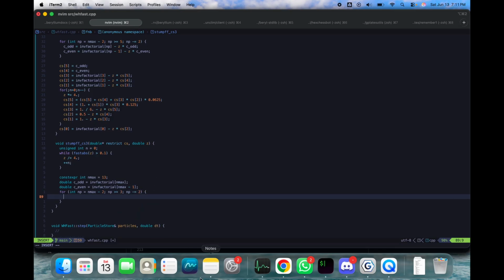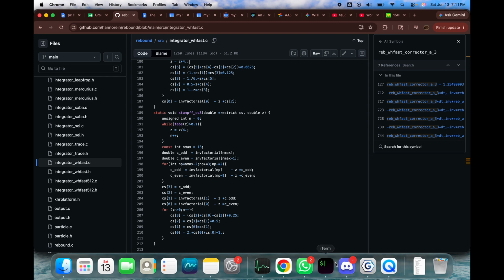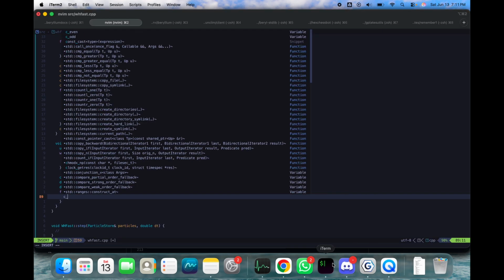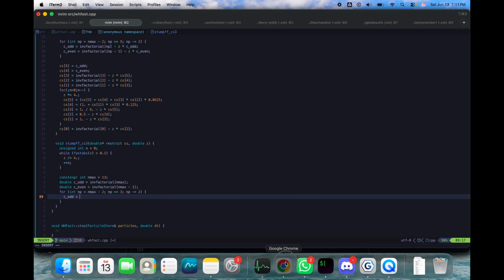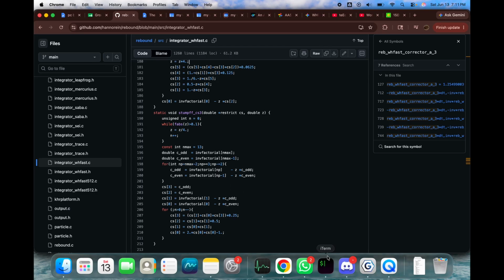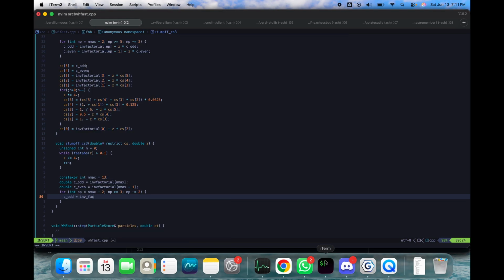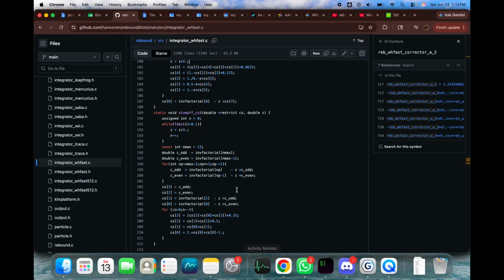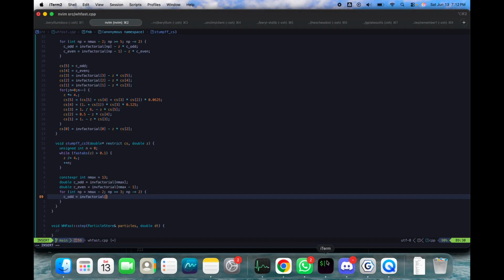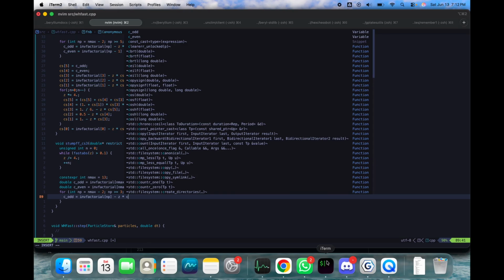And here we say C odd equals n factorial index NP minus C times C odd.